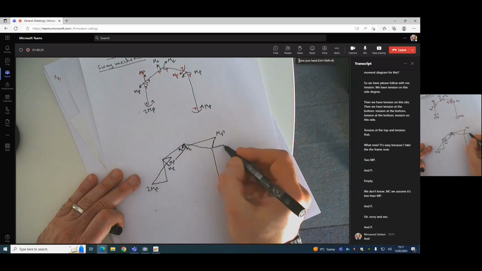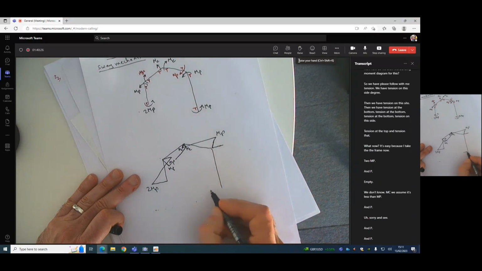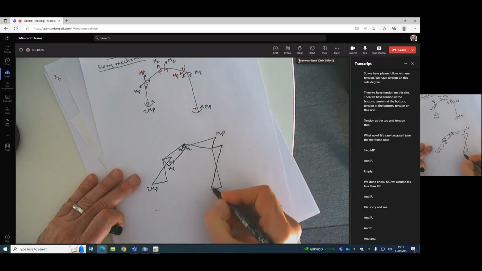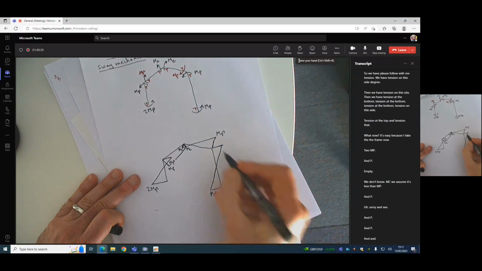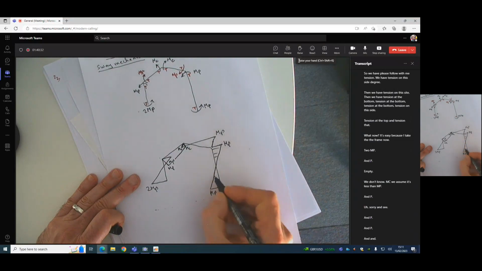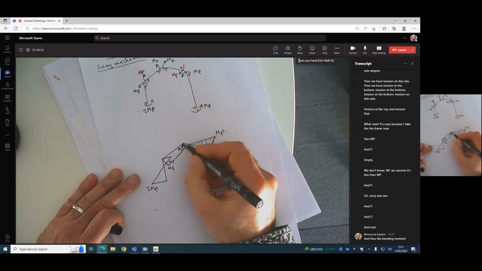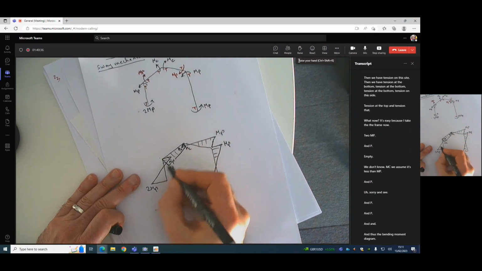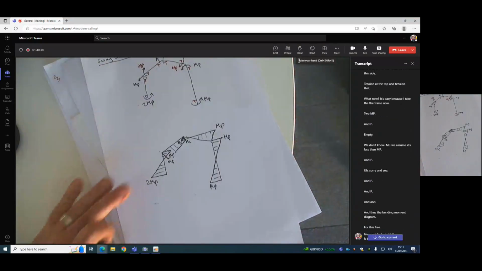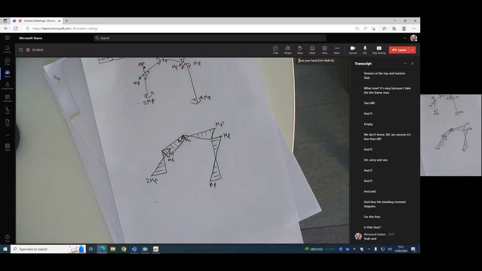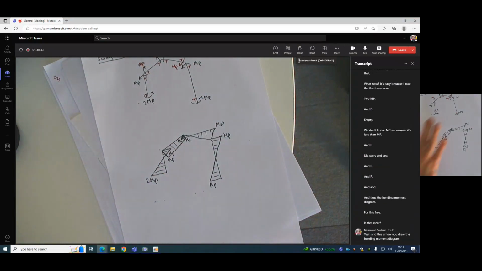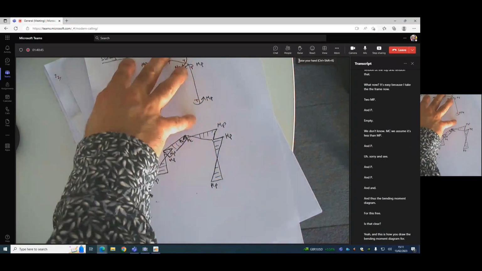MP. And MP. And that's the bending moment diagram for this frame. Is that clear? Yeah. And this is how you draw the bending moment diagram for a given mechanism.